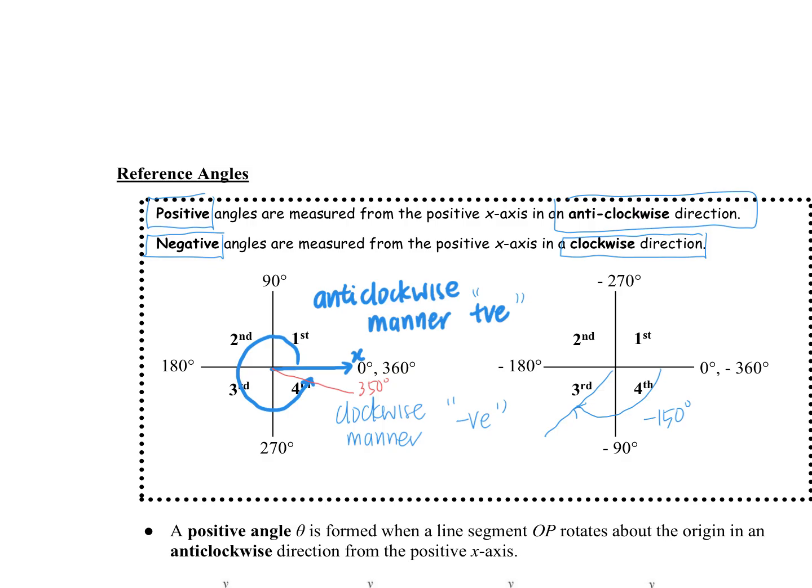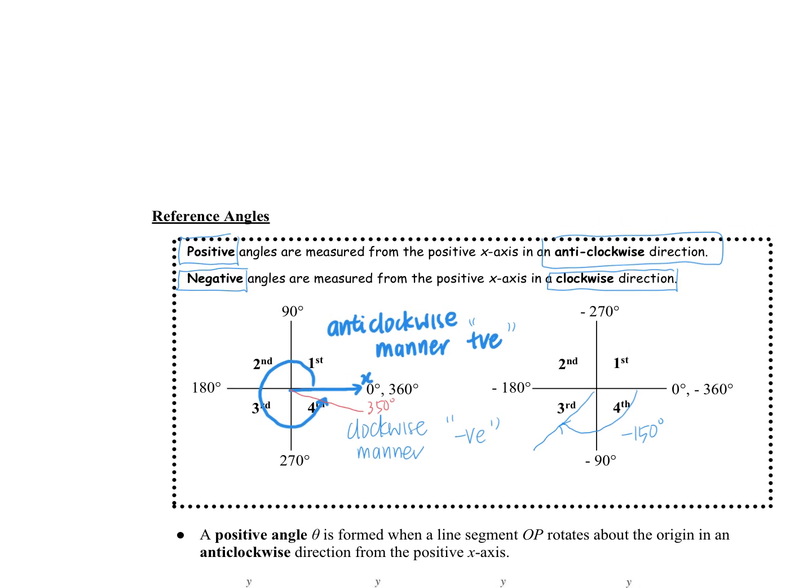Okay, then the next thing that I'm going to talk about is super important, what we call the reference angle. No matter which quadrant you are in, we must always go back to the right angle triangle. So if I go to the second quadrant, my angle is so big, I still have to go back to the right angle triangle here.